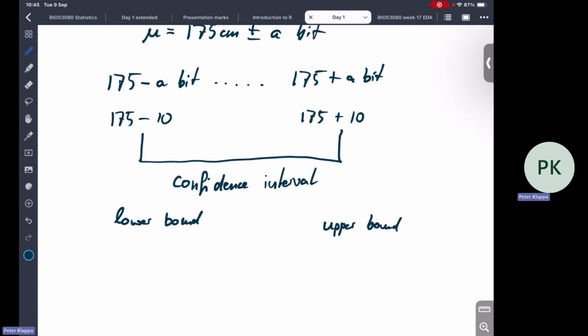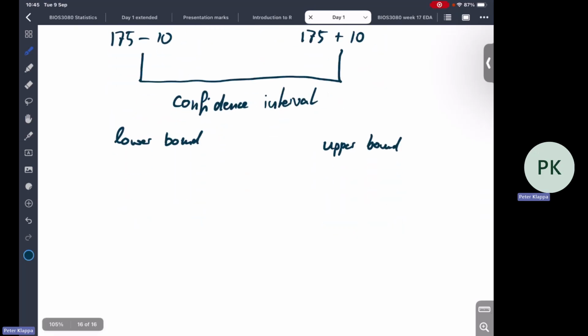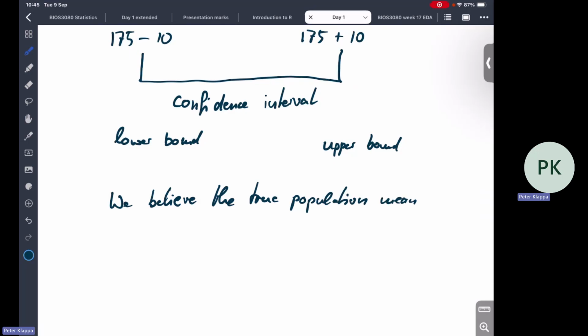And we then can even say, instead of taking lots and lots of samples, all we need to do is simply take one sample with, say, 10 students and basically transfer that and say, we believe the true population mean is between, and instead of the true population mean, which we don't know, we just take our sample mean of one sample.